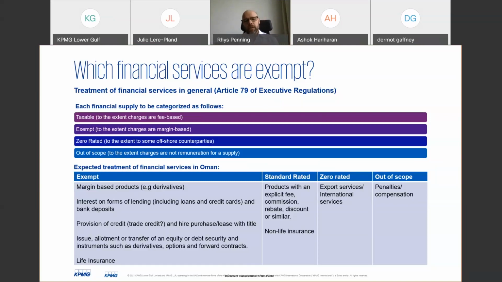Our view under the transition rules is that VAT is payable on the balance from 16 April through to the end of the premium period that covers, in my example, through to the end of the year, and that VAT should be reported in the first tax period, which would be the tax period 16 April to 30 June, with a return due in July.